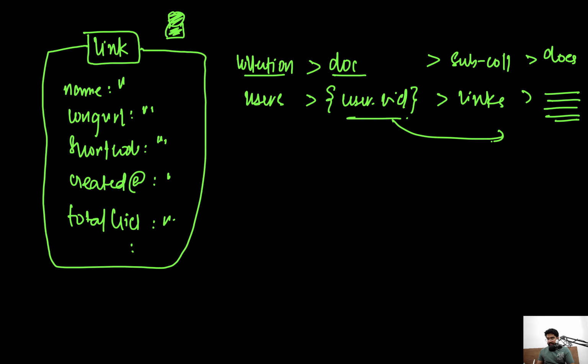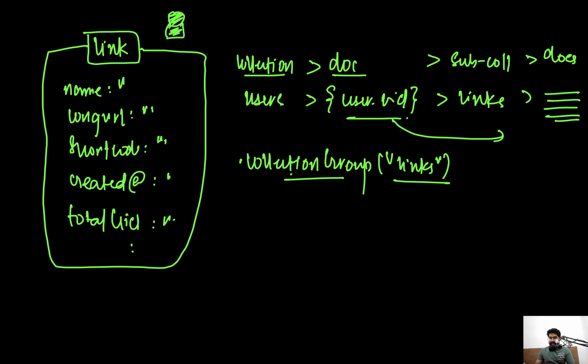Now let's talk about, if we follow this approach, how can we get the document when the user tries to visit that shortcode. For that we can use a query called collection group. This query allows us to query through all the collections with the same name. So if we pass in links, we can query through all the sub collections inside of our database which have the name links.